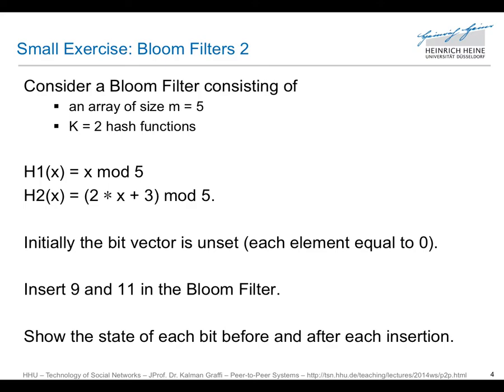So what does it mean if we have an array size of m? So we have 5 possible elements, and what should I write in for the begin? So this is before inserting anything, so the begin. Then we insert the 9, and then we insert the 11.